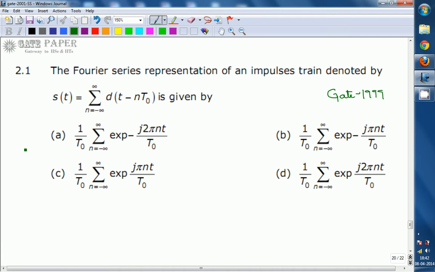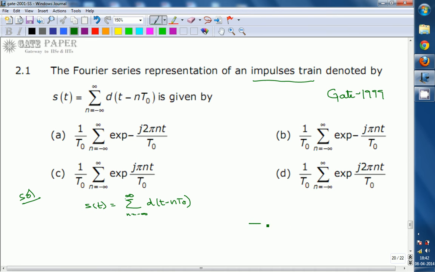So coming to the solution, here s of t is given as s of t equals summation n equals minus infinity to infinity delta of t minus n T naught. So this is nothing but an impulse train, delta of t minus n T naught.